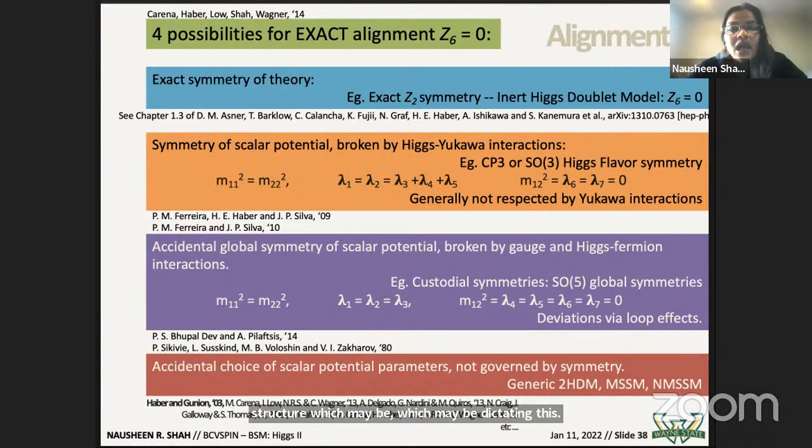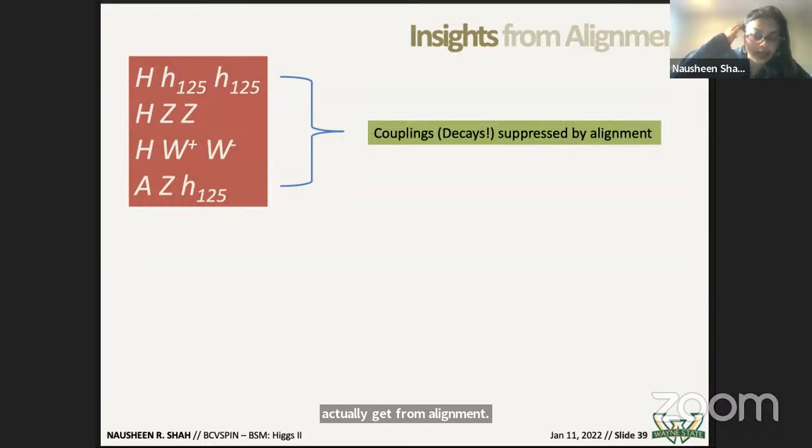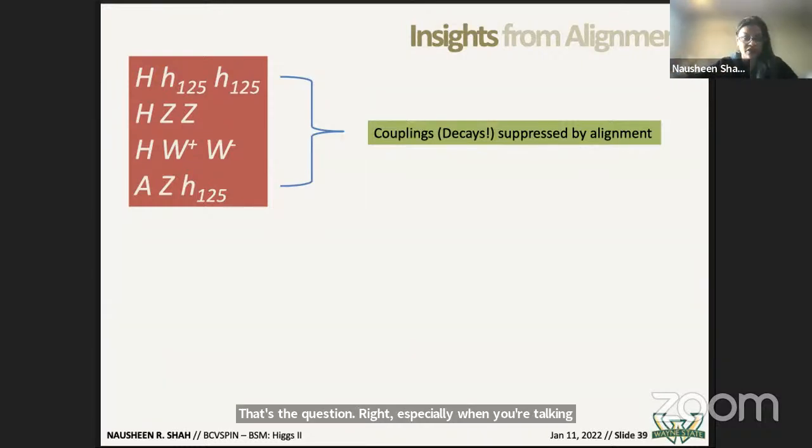But anyways, what low energy insights do you actually get from alignment? That's the question, right? Especially when you're talking about the Higgs pheno, what are you going to observe, etc. So one of the big things is that this really dictates the kinds of couplings or decays which are going to be suppressed because of the fact that you have to live near alignment.